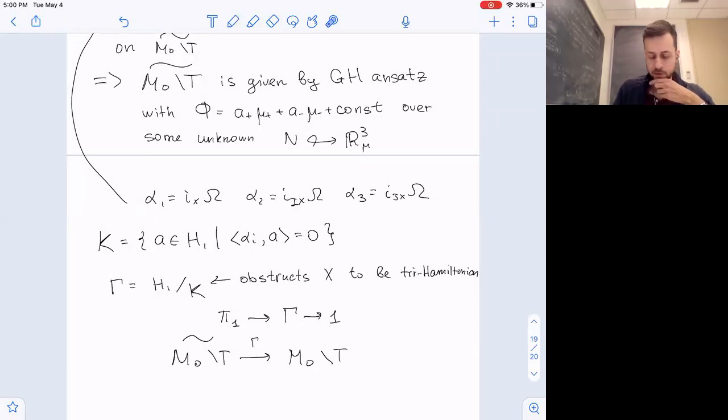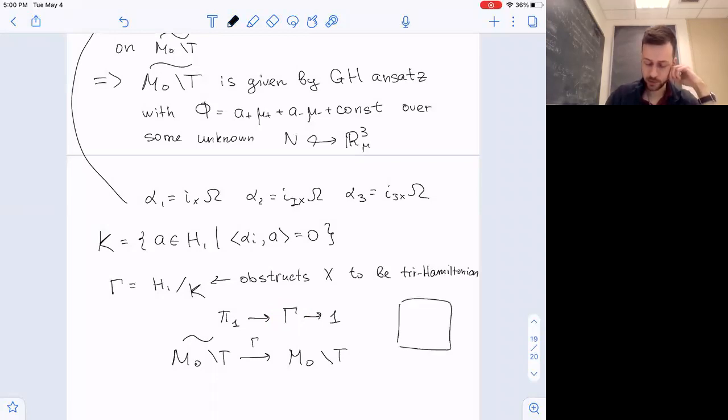What could happen? You're right that the S1 action lifts only to an R action here. But if that happens, it means that the representative in the fundamental group of the orbit of the S1 action survives to gamma. So it gives you a non-trivial representative in gamma.